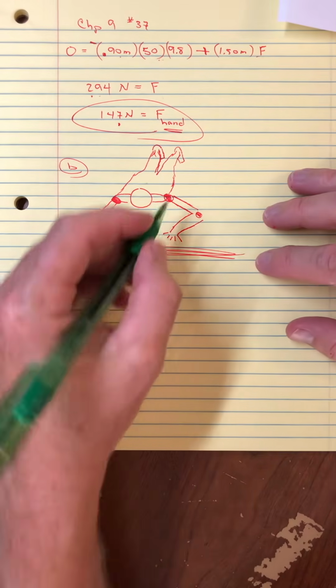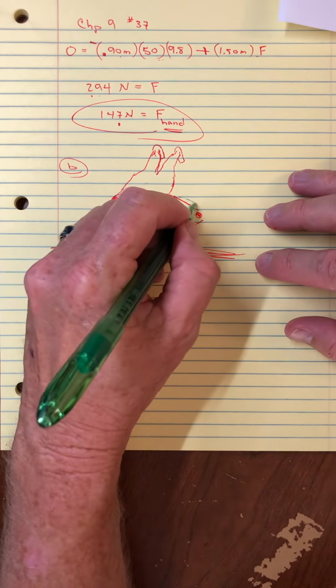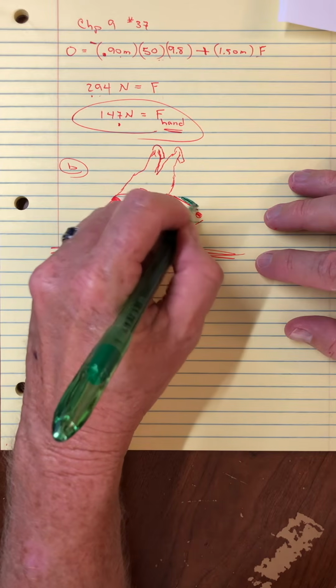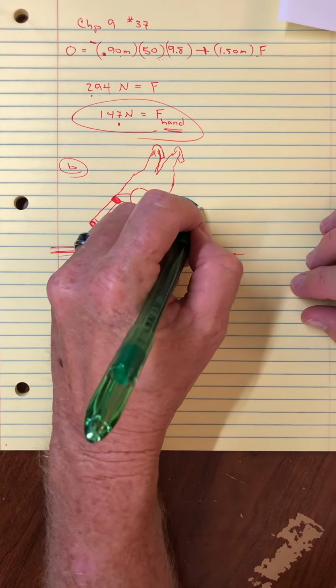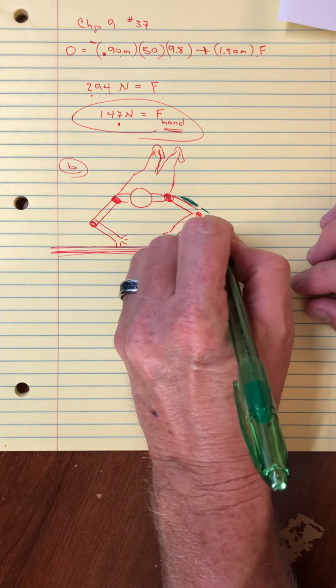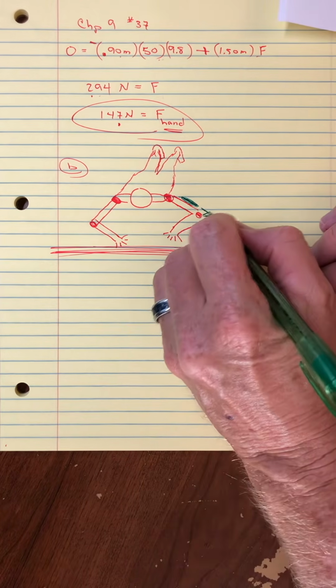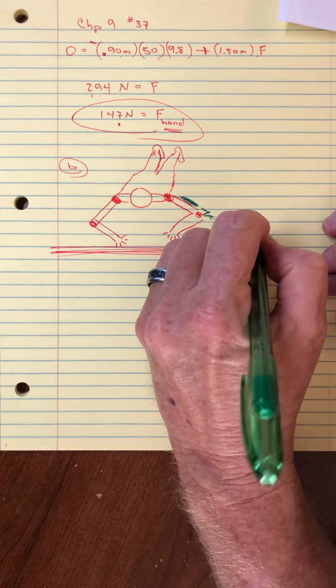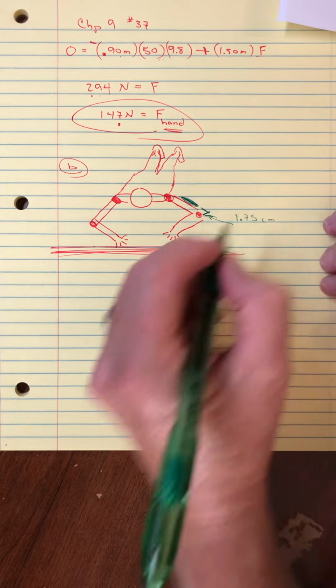Right here, what they're saying is this muscle, the tricep, in the back of the upper arm, is connected to the outer part of the elbow here. And they're saying that distance is 1.75 centimeters.